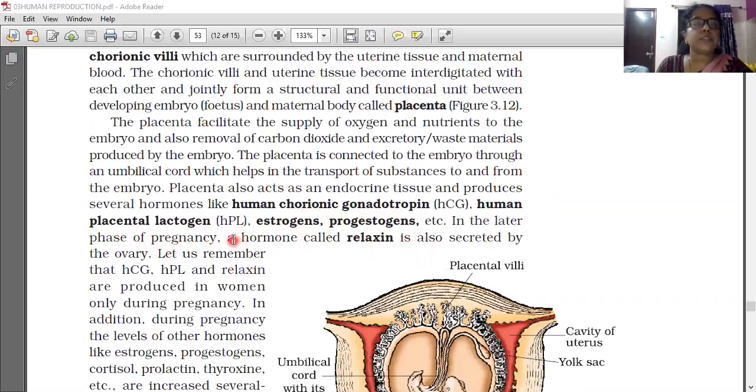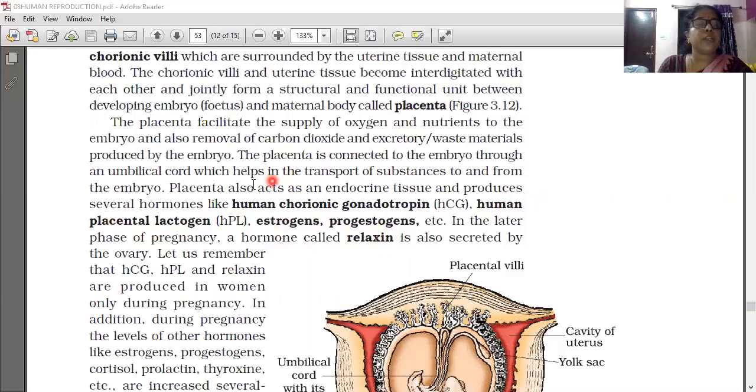In the later phase of pregnancy, another hormone called relaxin is also secreted by the ovary. So five hormones we discussed here, and of those, four are secreted by the placenta: human chorionic gonadotropin, human placental lactogen, estrogen, progesterone.